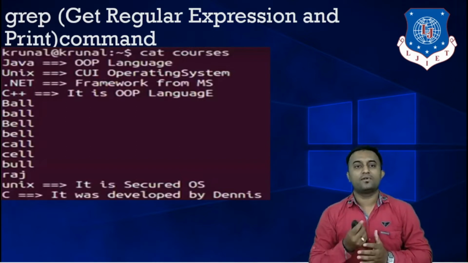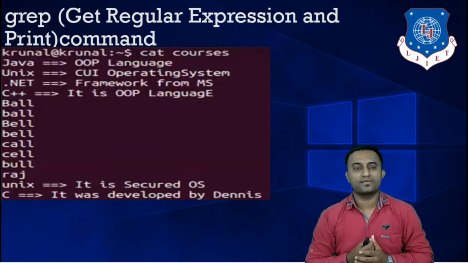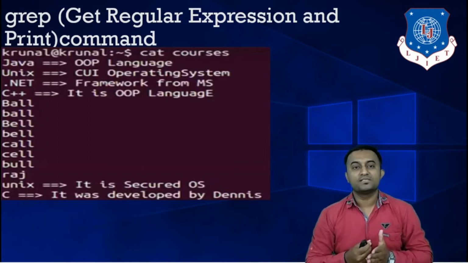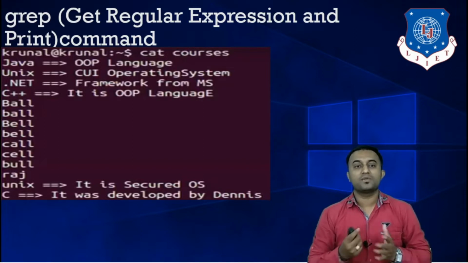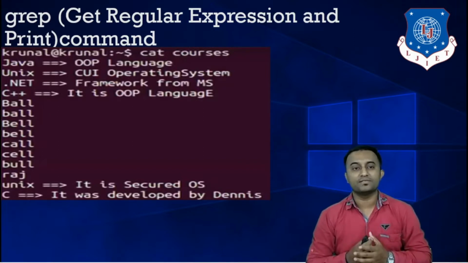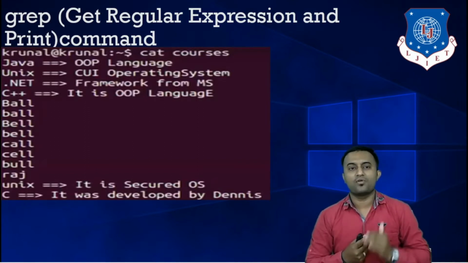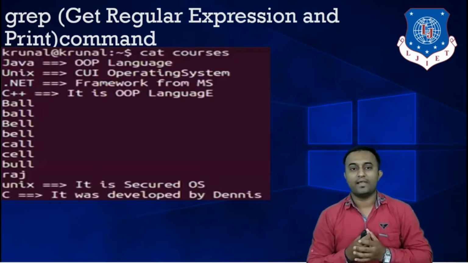For example, the first sentence is: Java OOP language, Unix CUI operating system, .NET framework from Microsoft, C++ it is OOP language. So there are various contents I have already written in this particular file.